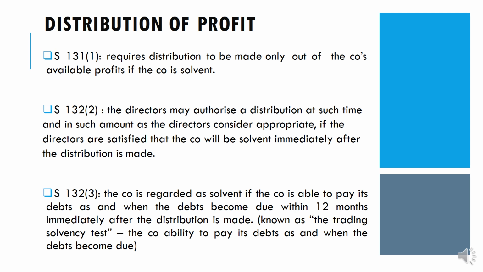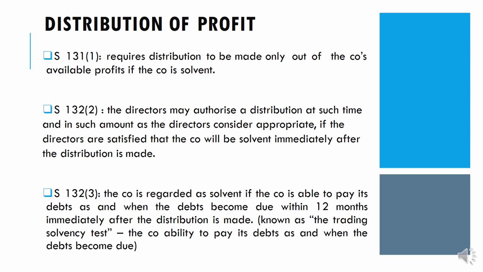If the company distributes, they have profit, they distribute, after that it becomes insolvent, they cannot distribute the profit. So they must make sure that after the distribution, the company will be solvent.